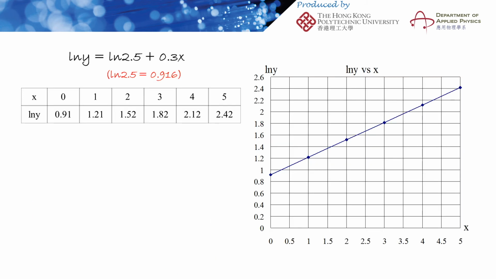If we plot natural log y against x in a rectangular coordinate plane, the graph will be a straight line. Select any 2 points on the line to find the slope. We can find that the slope is equal to 0.3. And the intercept on the vertical axis of the line represents the constant natural log 2.5.